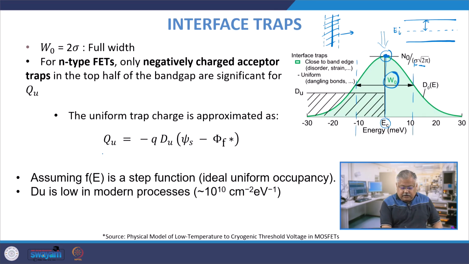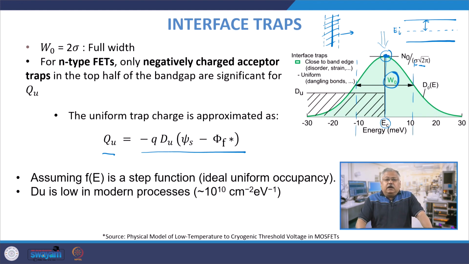The value of interface trap charges is approximately given as minus q times Du multiplied by psi s minus phi f star. Psi s is the surface potential and phi f star is the modified Fermi potential because of interface trap charges. Du is a constant, typically of the order of 10 to the power 10 per centimeter square per electron volt for all practical purposes.